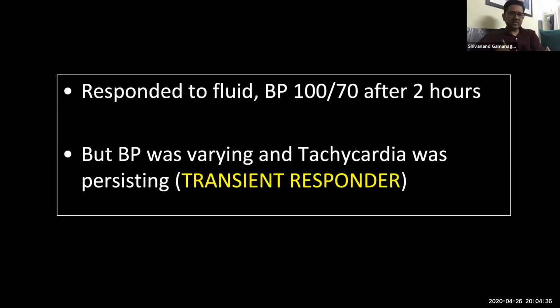This was the pelvic X-ray that shows an APC3 type of pelvic fracture. After the fluid resuscitation, she responded and the BP came to around 100/70 after 2 hours. But the BP was variable and the tachycardia was persistent. So she was labeled as a transient responder.